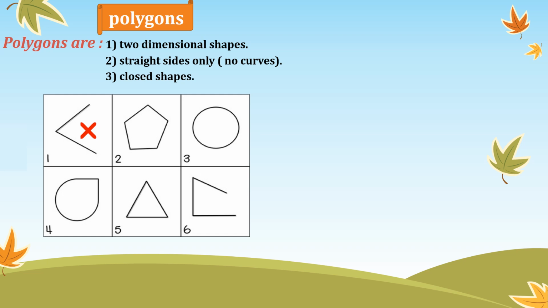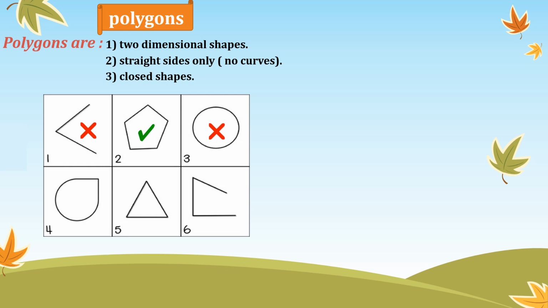Number 2, 2D shape, straight sides only and closed shape, so it's a polygon. Number 3, is it a polygon or not? No, it's not a polygon. Why? Because it's curved. It's not a shape that has straight sides.